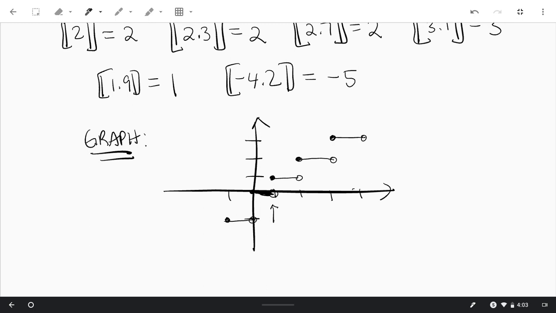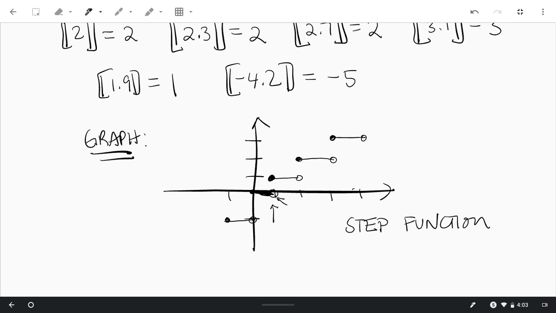According to the definition of a function, every x value can only go to exactly one y value. So it can't go to both of these here. It can only go to this one, not that one. That's why we have an open circle, and then the top is a closed circle. We call this a step function.